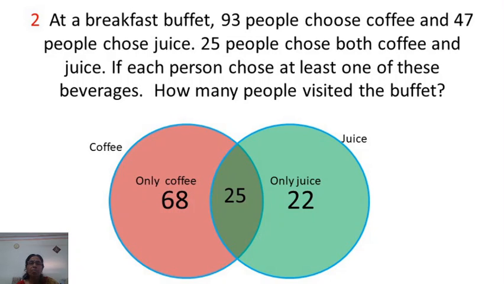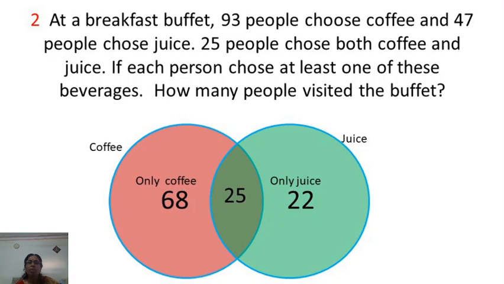First, this red part means coffee, this light green means juice, and this intersecting part, dark green, shows those who choose both coffee and juice. The number of persons is given: 25 persons like both coffee and juice.